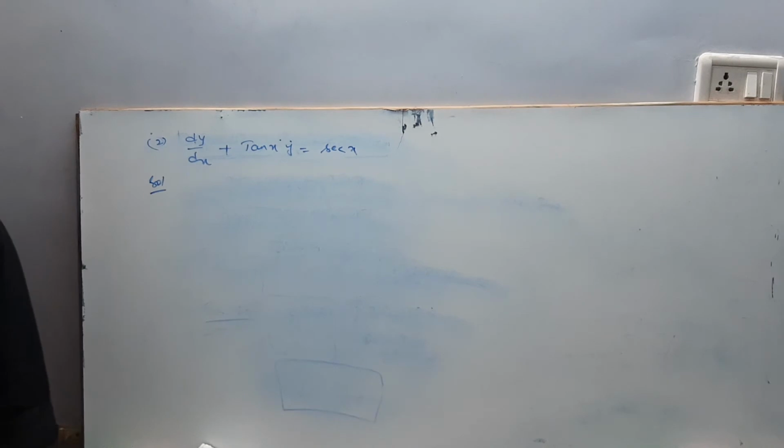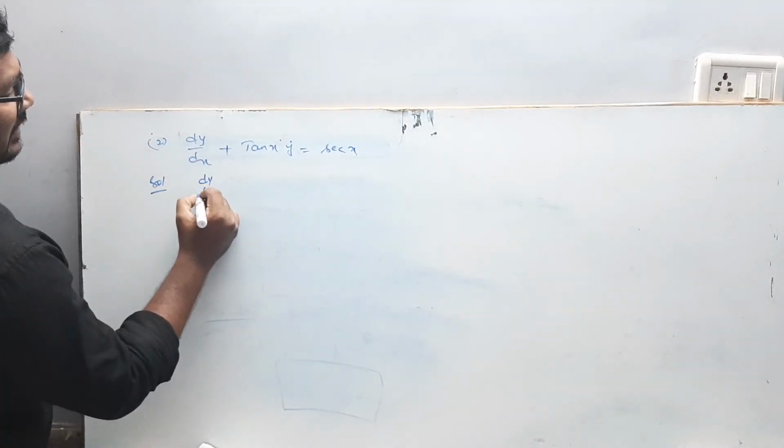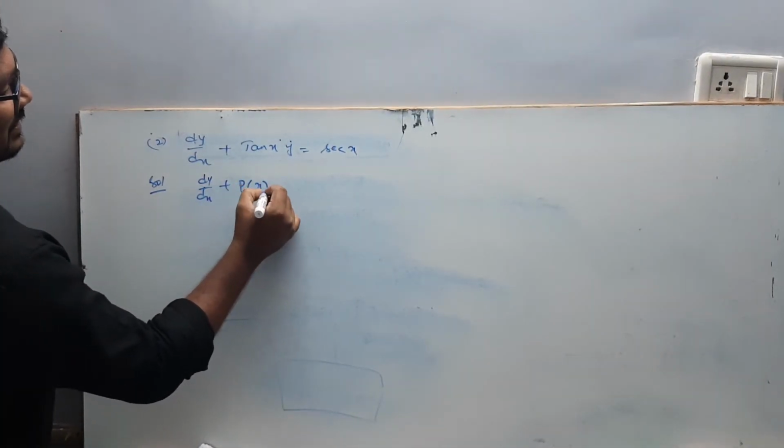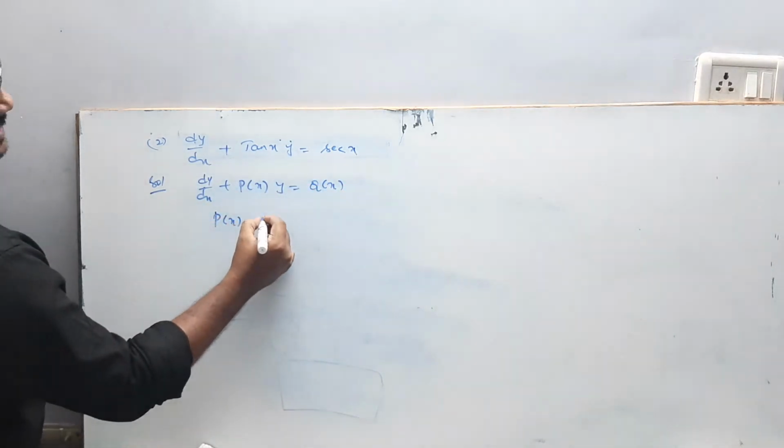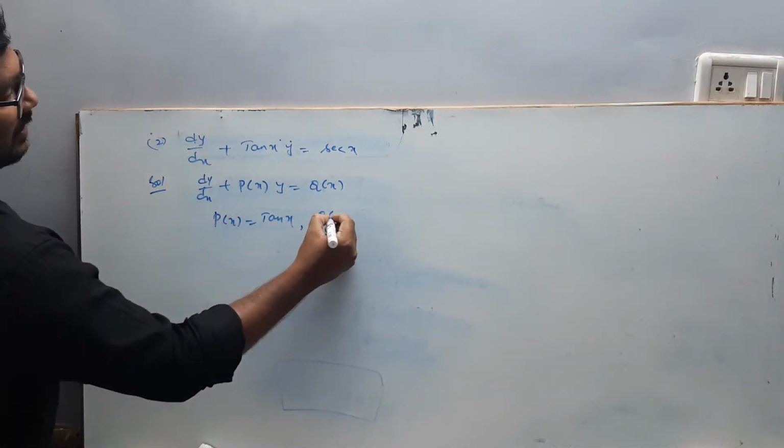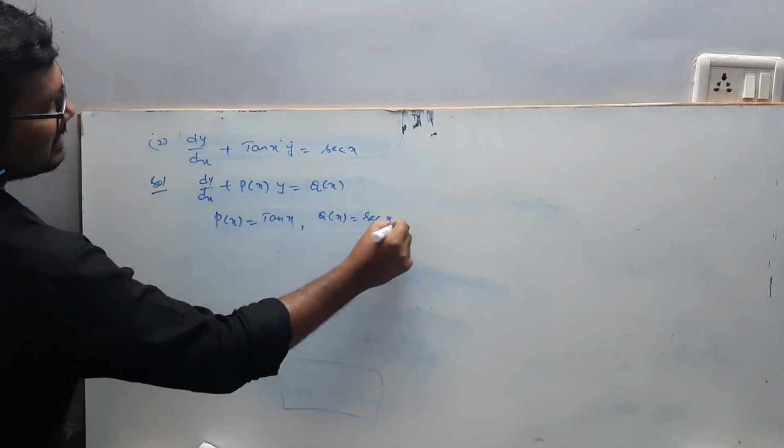If dx by dy is there, check whether x appears one time or not. Right? Now I compared the given equation with my regular model. I compared, p of x is equal to tan x, and q of x is equal to secant x.